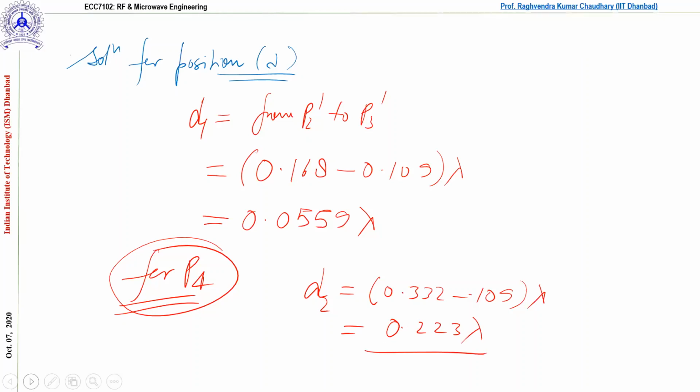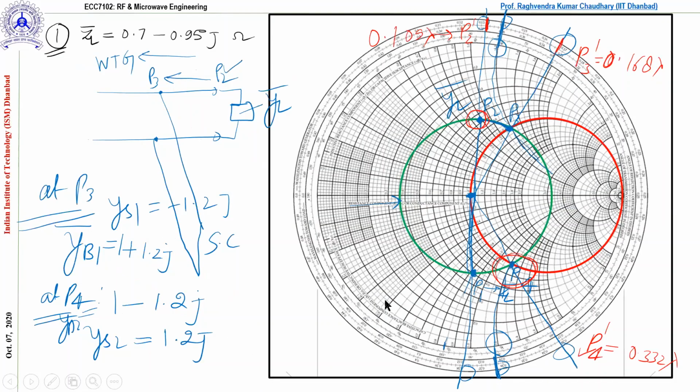Now about the stub, how will you do it for the stub? If you see, this is a short circuit, correct? And from the short circuit, you have to move to point P3. So you need to indicate the short circuit over the Smith chart. The short circuit location is this. From P3, you have to find first YS1. YS1 is minus 1.2J, correct?